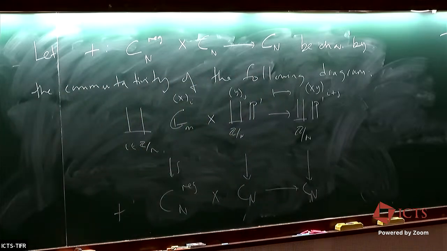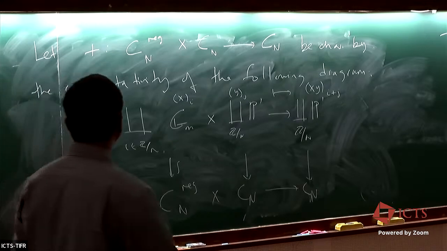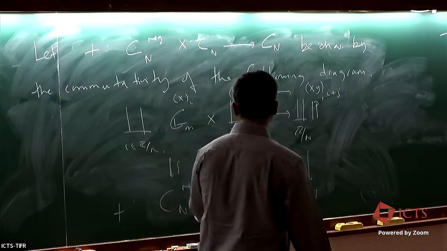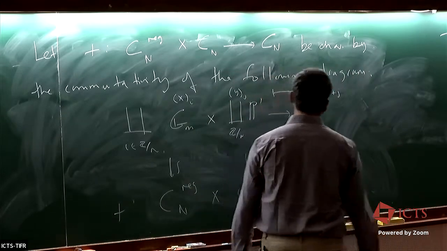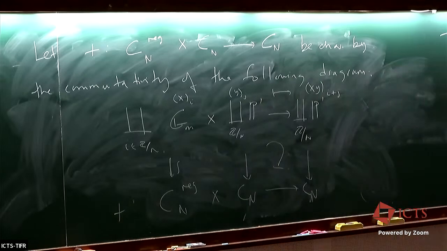That's a little strange, but that's what it is. Basically, I think you want your points of order n to meet every component, so you need to do some cyclic thing. Okay, so apparently there's a plus which exists, which makes this diagram commute. I haven't thought about it much, but just assume that.